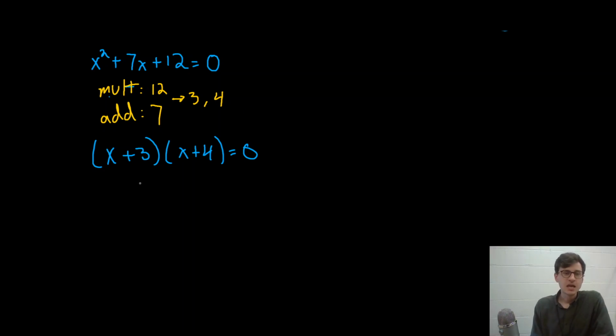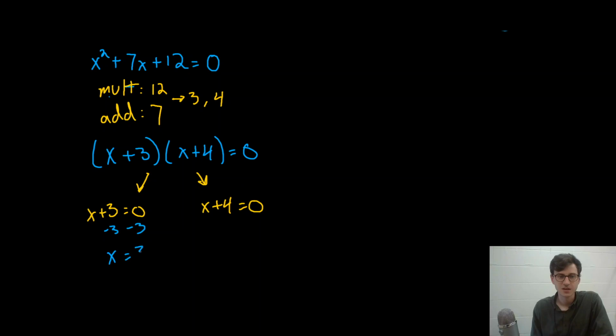So either x plus 3 is 0 or x plus 4 is 0. Okay, so then we subtract 3 from both sides. x is negative 3. Or subtract 4 from both sides. x is negative 4. Those are my options.